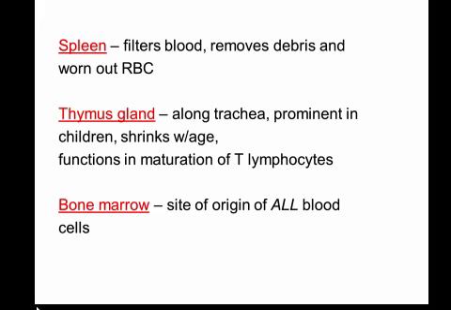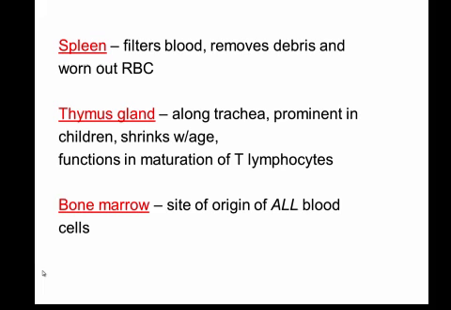Bone marrow is also considered a lymphoid organ, or a lymph tissue. This is the site of origin of all blood cells. There are stem cells in bone marrow that can divide and become all different types of red blood cells and white blood cells.